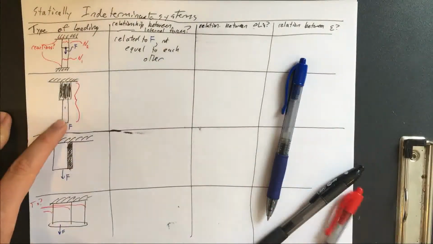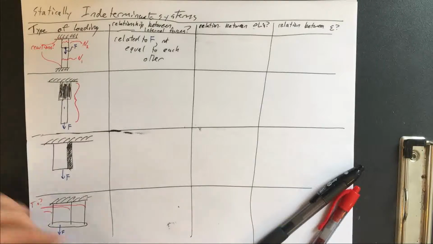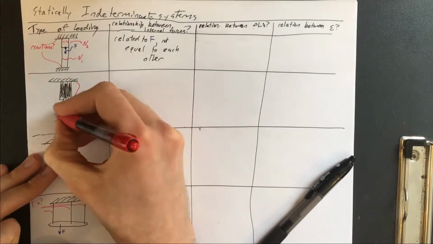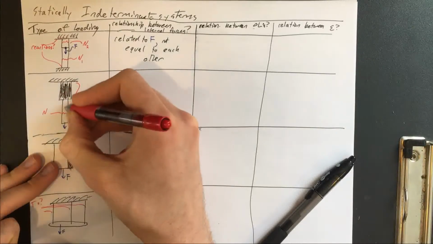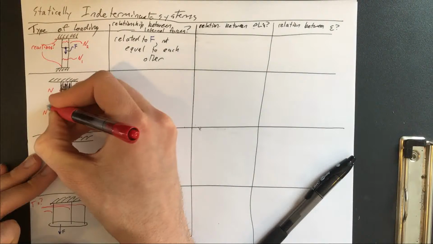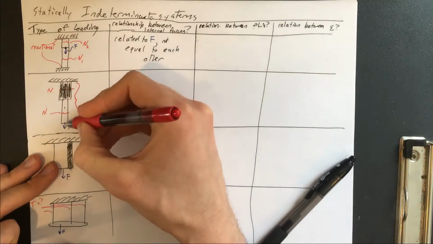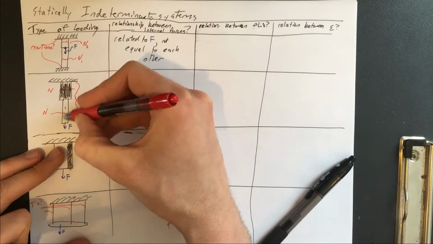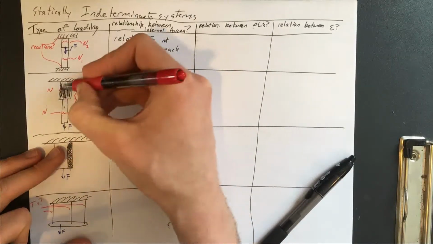If we look at the second configuration, if we took a slice of this beam right here and looked at the normal force transmitted internally through that, that would actually have to be the same as the normal force in this section, because if we cut this, we'd have a force down and a force up. That would balance on this section. If we cut it here, we'd have a force down and a force up.